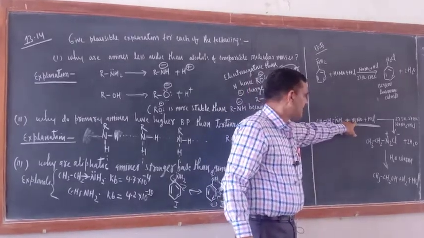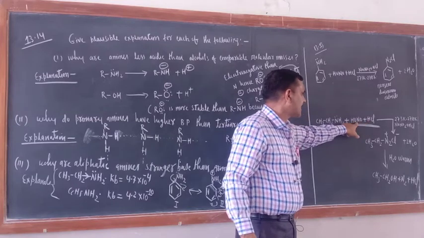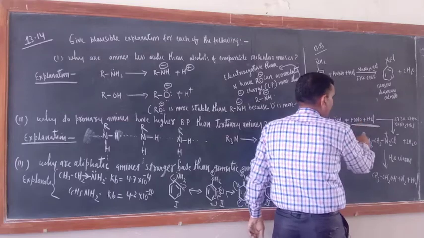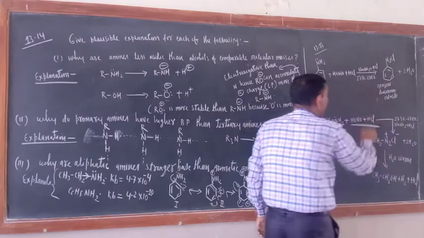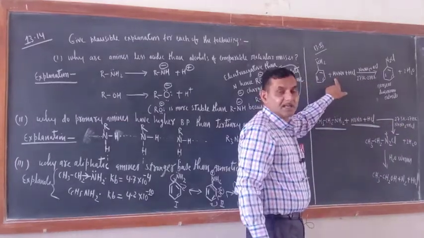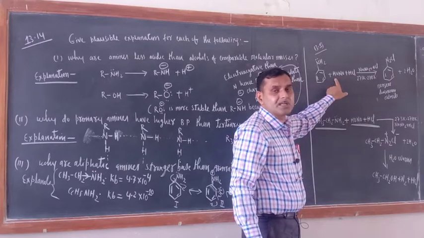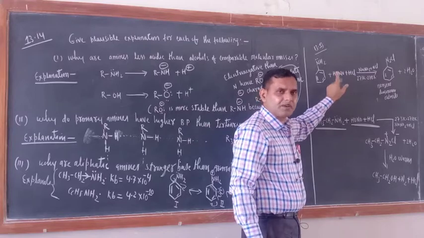Now same condition, NaNO2 and HCl, this is nitrous acid. What is the meaning of HONO, nitrous acid? Since nitrous acid is unstable, it should be synthesized in situ. In situ means during the course of reaction.